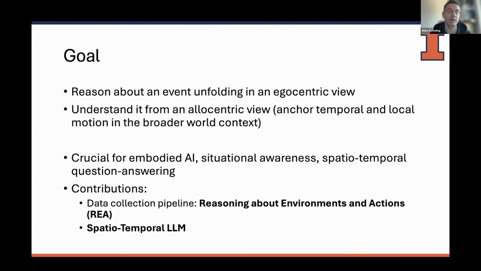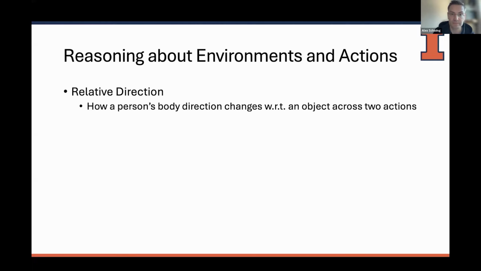And as I said before, I believe that this type of reasoning is particularly important for embodied AI tasks, for situational awareness tasks, but also for spatio-temporal question answering. So contributions of this particular work are then a data collection pipeline that allow us to collect the corresponding data to train a set of spatio-temporal large language models.